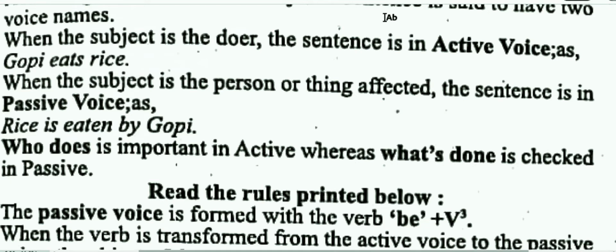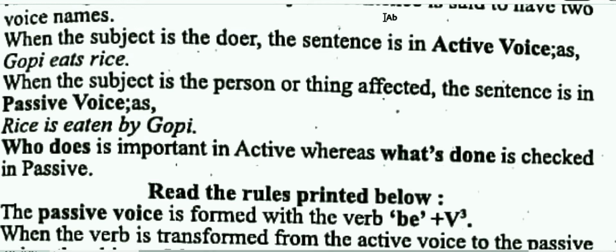The subject does, so it is active. She writes a poem. She plays volleyball. Ram plays. A monkey eats an apple. The subject there is the doer. The subject does something, so in active voice, the subject is active.